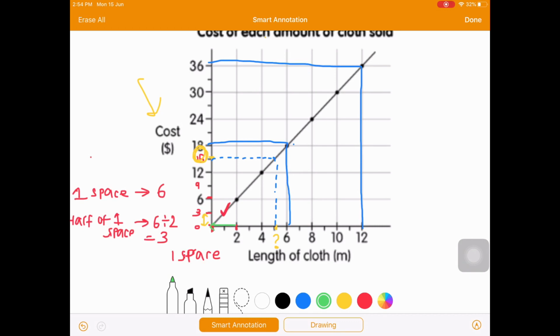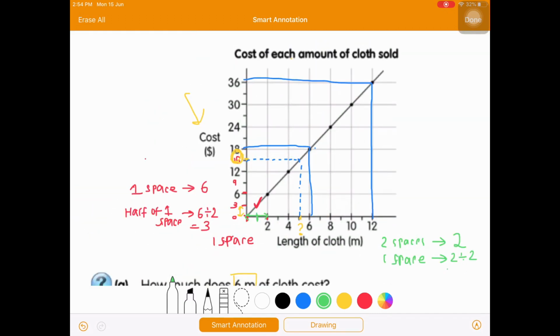From here to here, there is 2 spaces. So I can say that 2 spaces represents a value of 2. So which means that 1 space represents the value of 1. What does this mean?